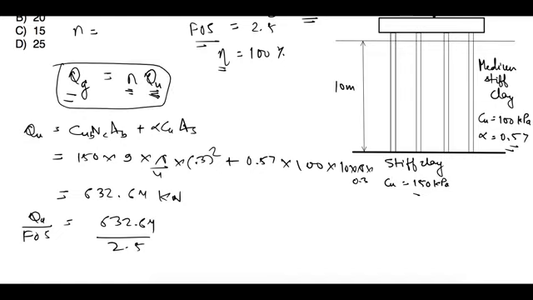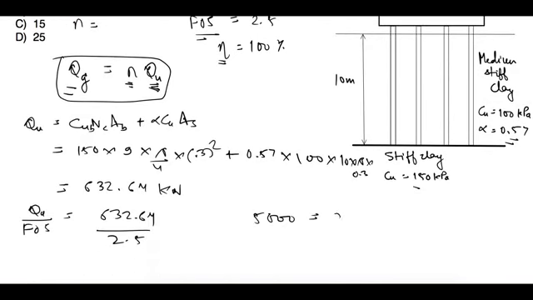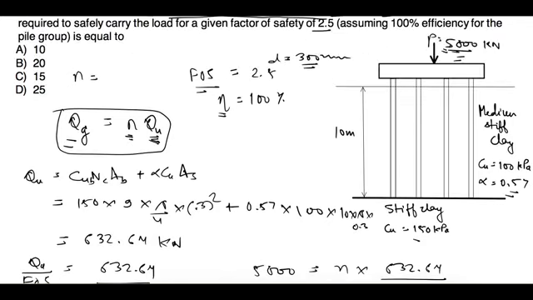Qg is given as 5000 kilonewton, so 5000 is equal to n into Qu, that is 632.64 divided by 2.5. From here n comes out to be 19.76. So we'll go on the higher side and provide 20 piles. So this is the answer here.